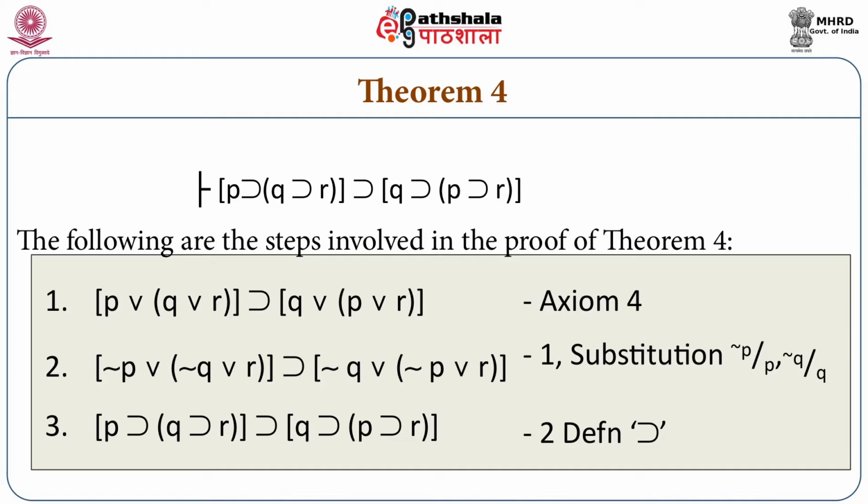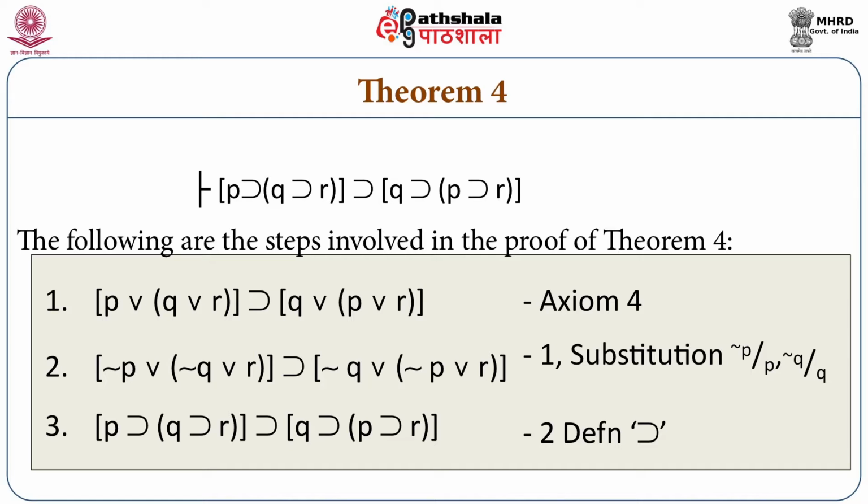So by default, we will have to appeal to axiom number 4. We will state axiom number 4 as our first step: P or Q or R, the whole thing implies Q or P or R.